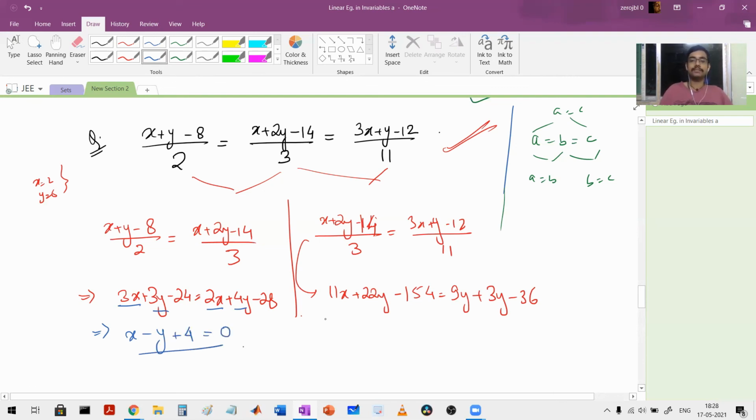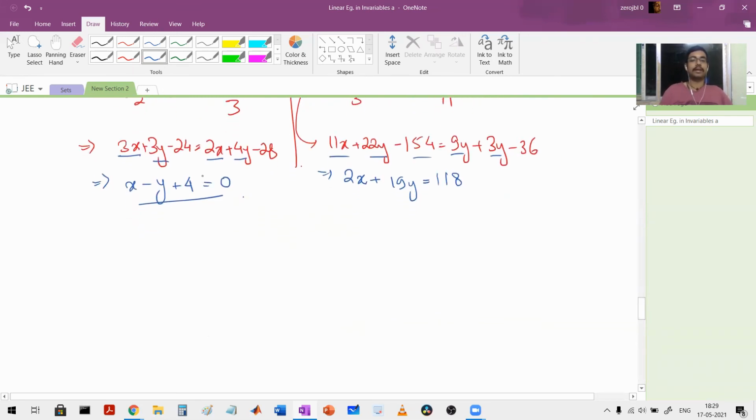This is one equation. And if you solve this, you will get 2x, 22 minus 3 is how much? 19y. 154 minus 36 is 118. Correct.